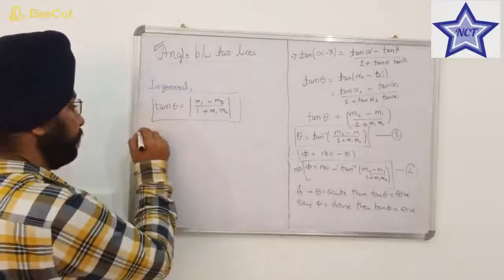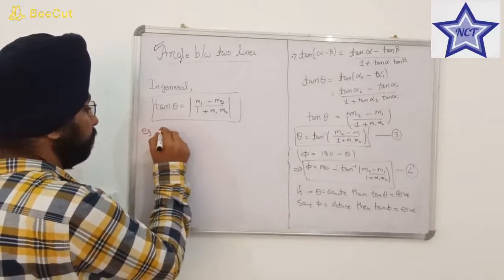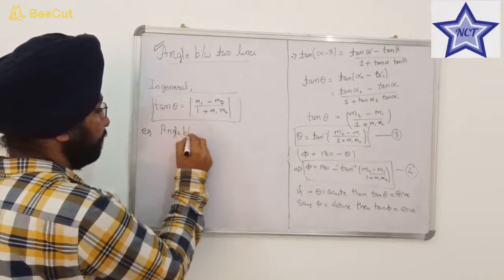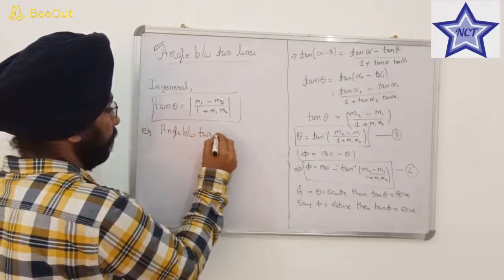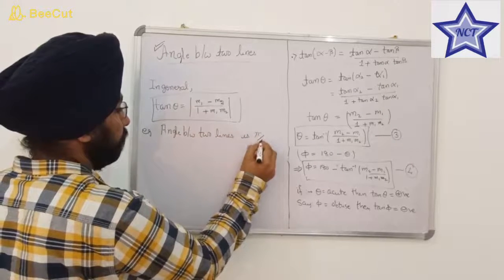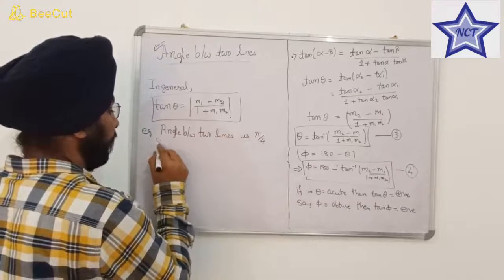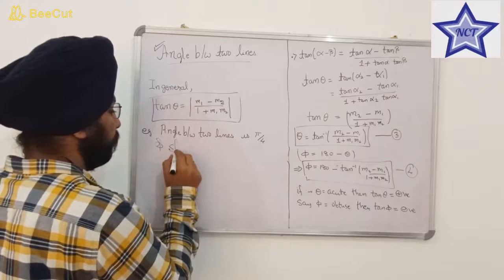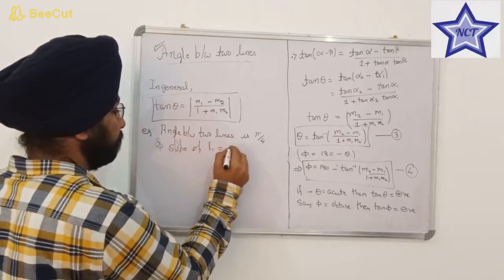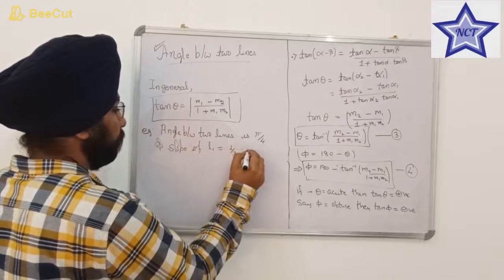Let us do one example. Say angle between two lines is pi by 4 and slope of line 1 is 1 by 2.